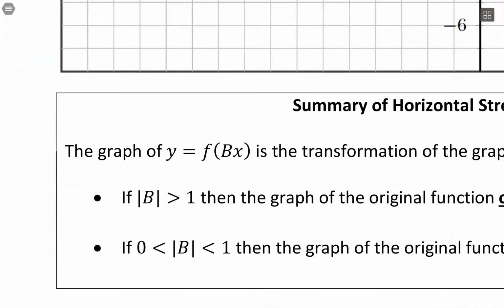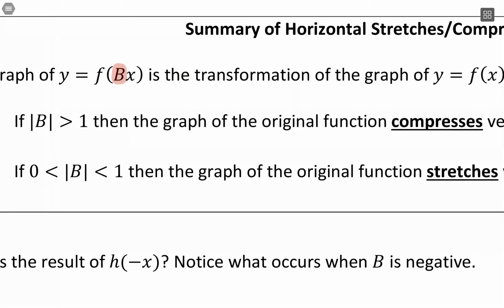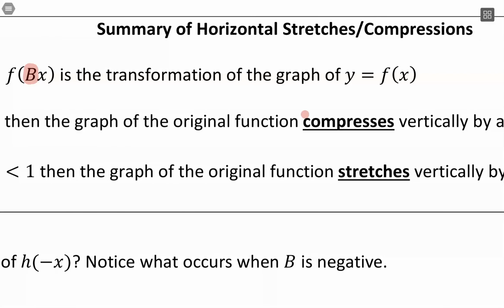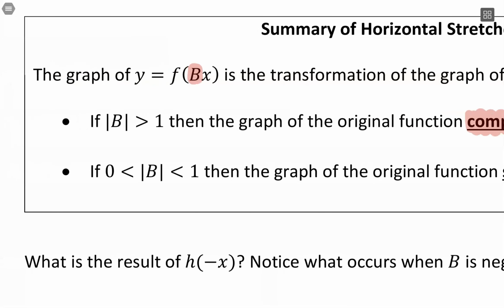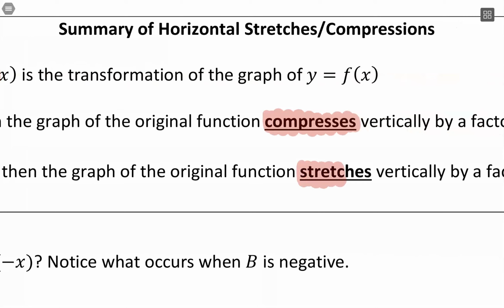Just to summarize that before we get to plugging in the negative x. What this will come through as is a number multiplying with x. If it's a whole number or larger than 1, then what we're going to do is compress by that number. If it is a fraction, it's going to cause a stretch.